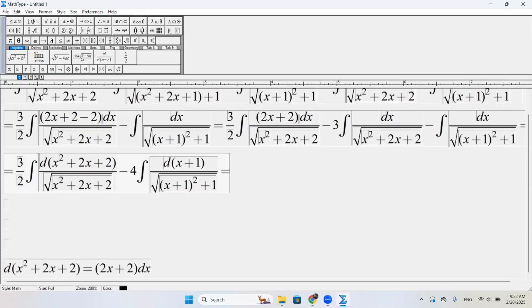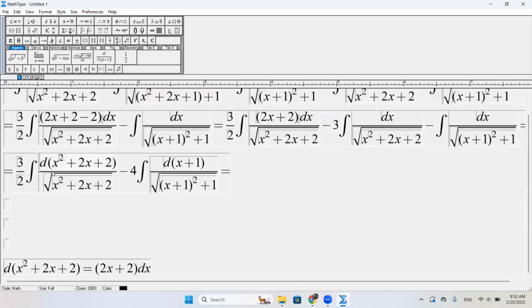So now we can integrate. For this integral, 3 over 2, and we will receive 2 square roots of this.